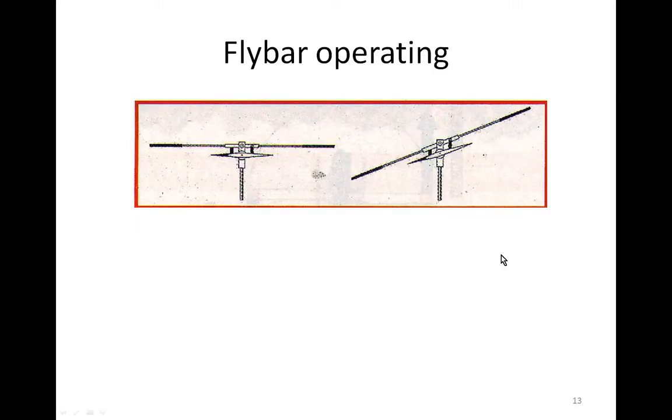Flybar. How does it work? On the figure, here is the flybar, and here is the main blade. In this case, the flybar is mounted above the main blades. We notice that the flybar is linked to the main blades with linkage rods.